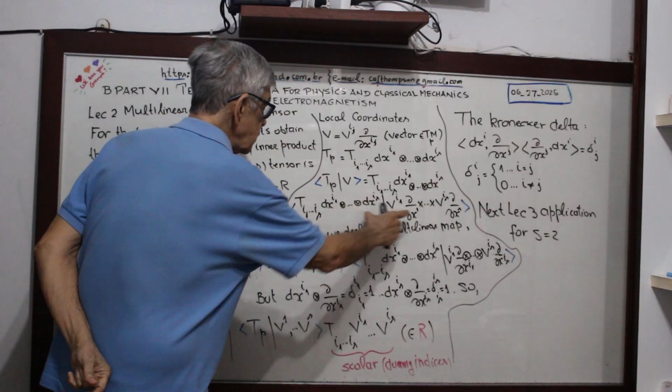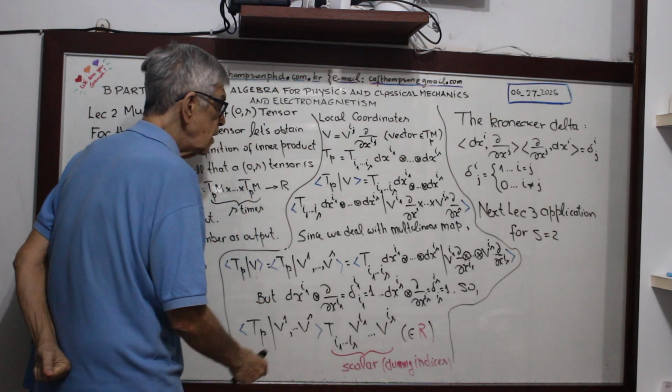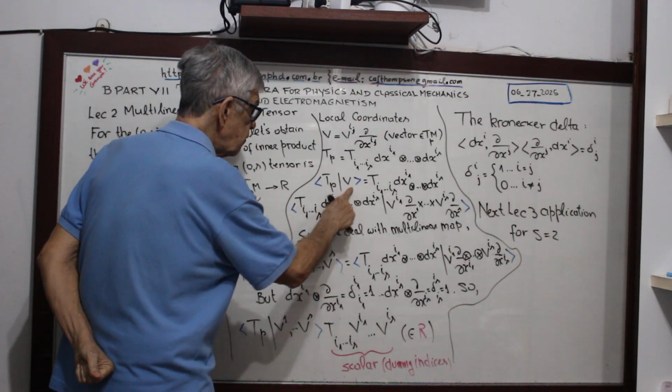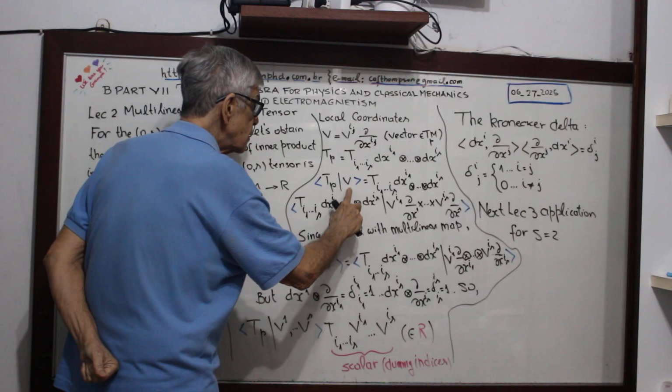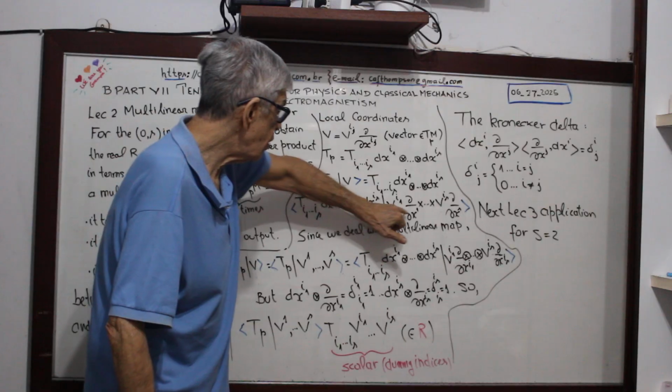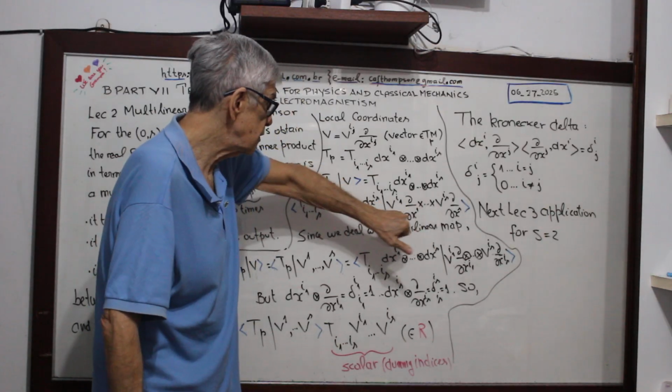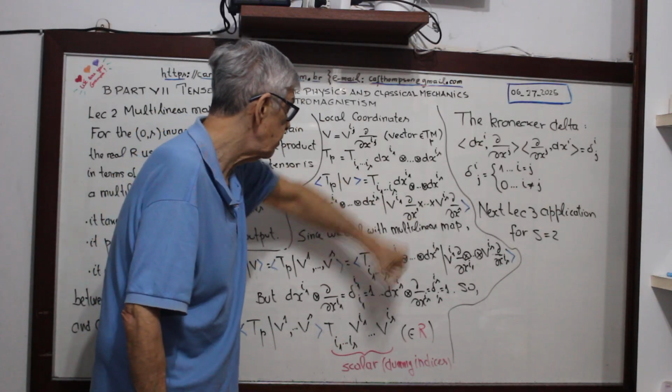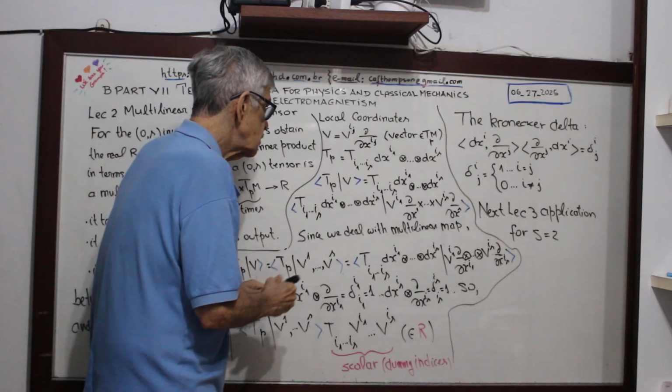Now, again, down here, I substitute the invariant vector, which can be expressed in terms of the tangent vector space. I just substitute over here. It's quite easy.